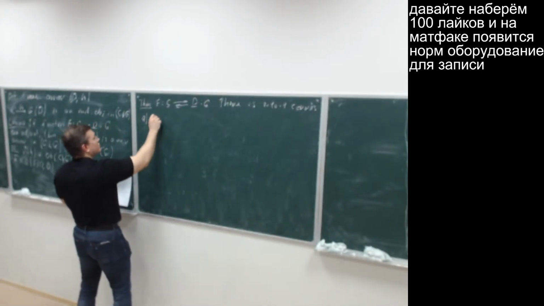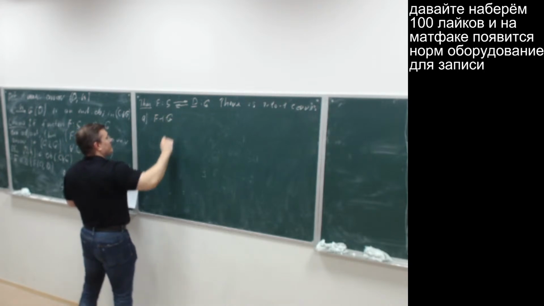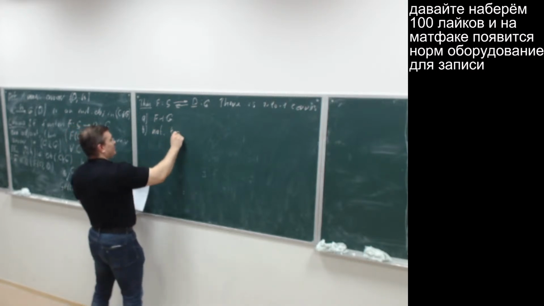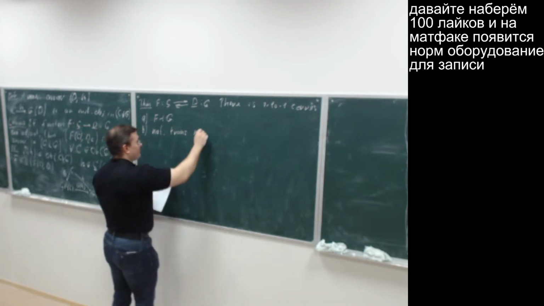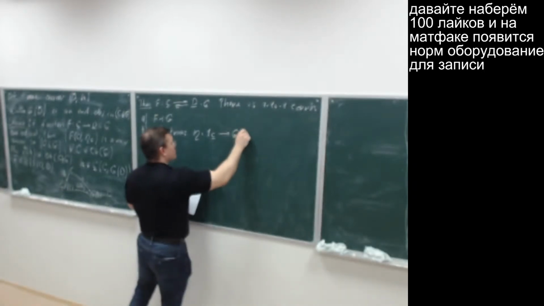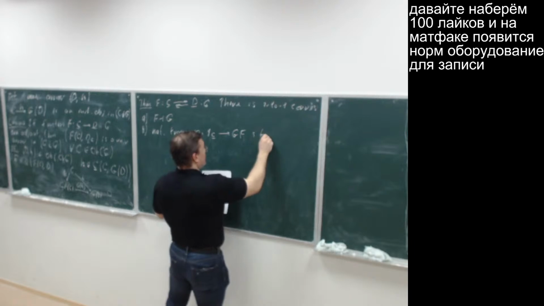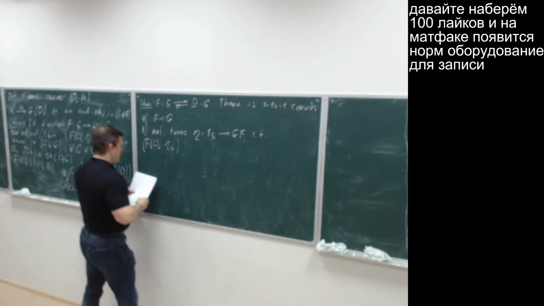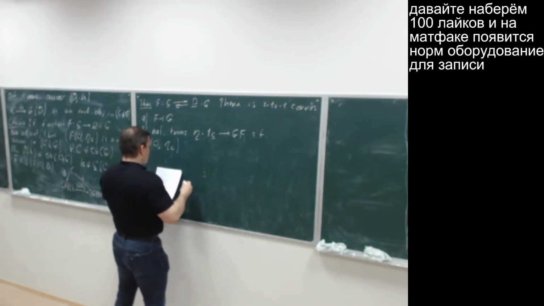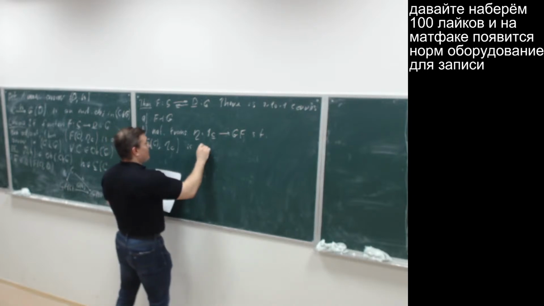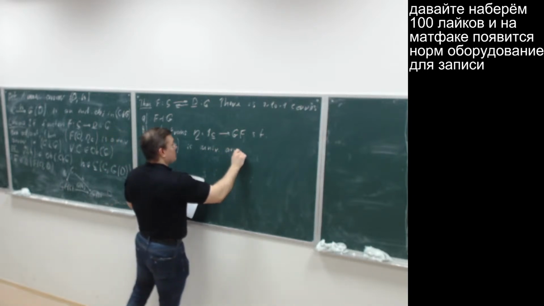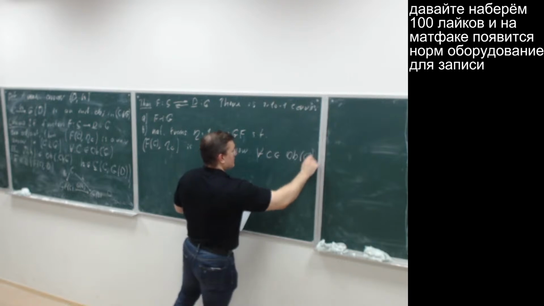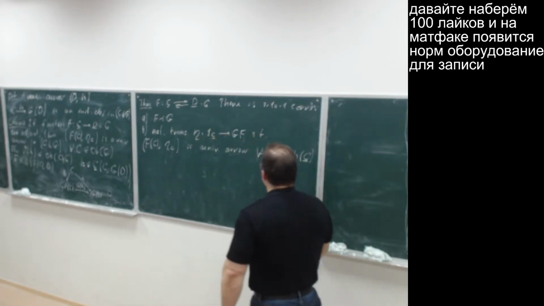First, an adjunction, and second, a natural transformation eta from the identity functor to the composition G and F, such that if you consider the pair F of C, eta sub C as an object in the comma category, this is a universal arrow for any C.